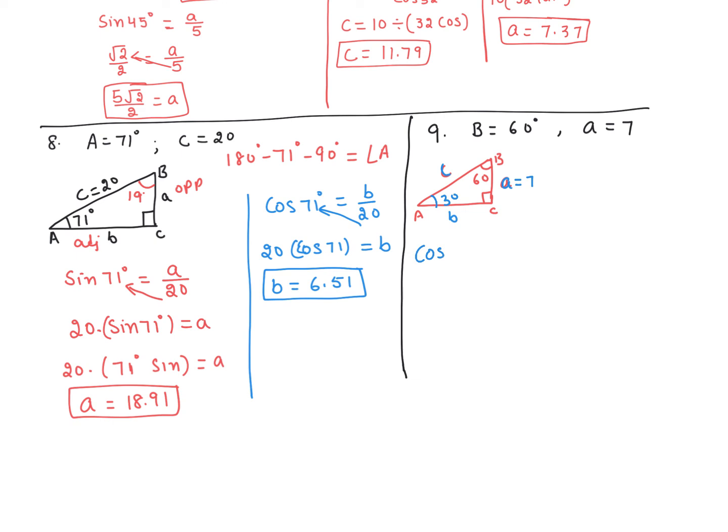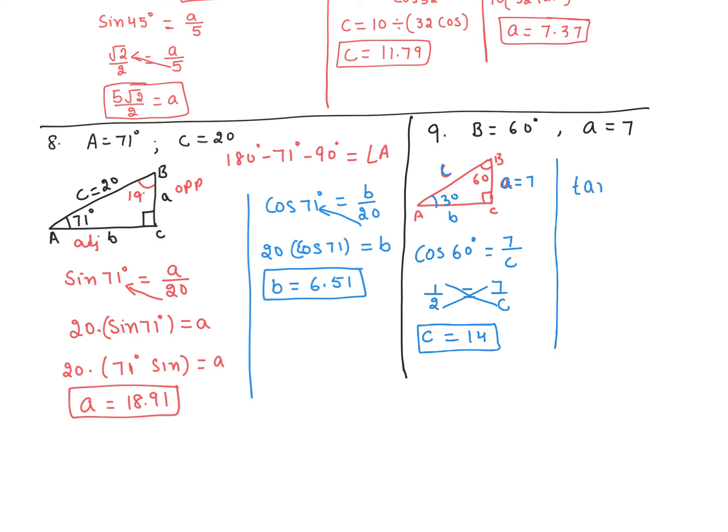To find cosine 60, it's going to be 7 over C. Cosine 60 degree from the table is 1 over 2 equal 7 over C. Cross multiply, C equals 14.